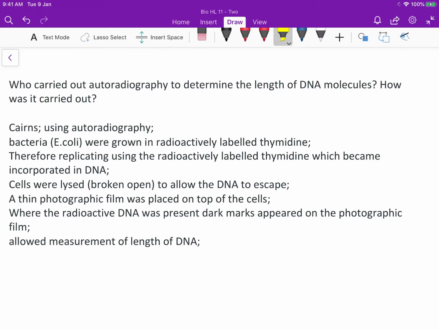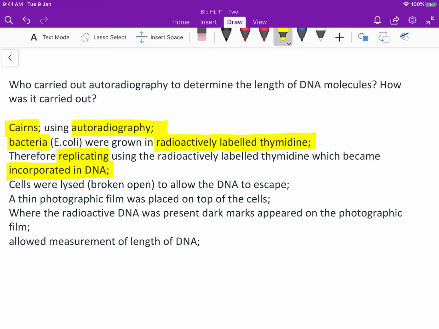So here's our summary. It was a person called Cairns. They used autoradiography. They grew bacteria, E. coli, with radioactively labelled thymidine. And therefore, when the DNA was being copied, replicated, it would have this incorporated in its DNA.